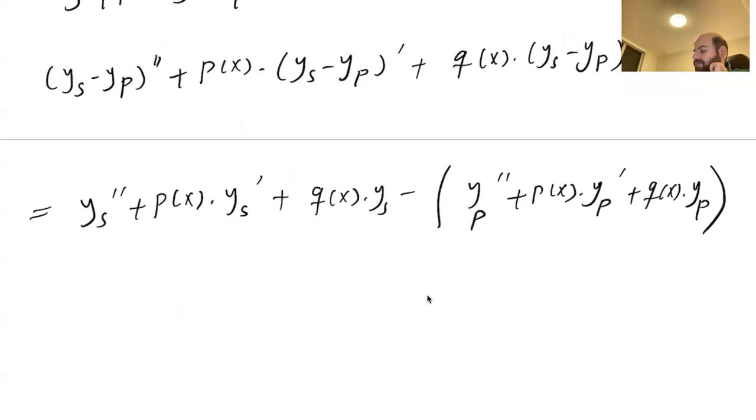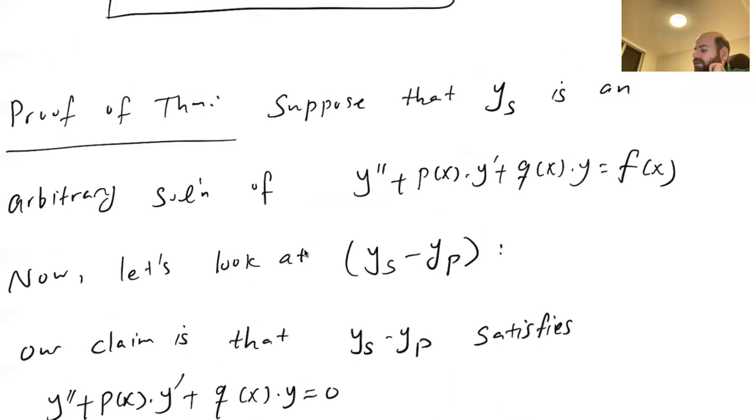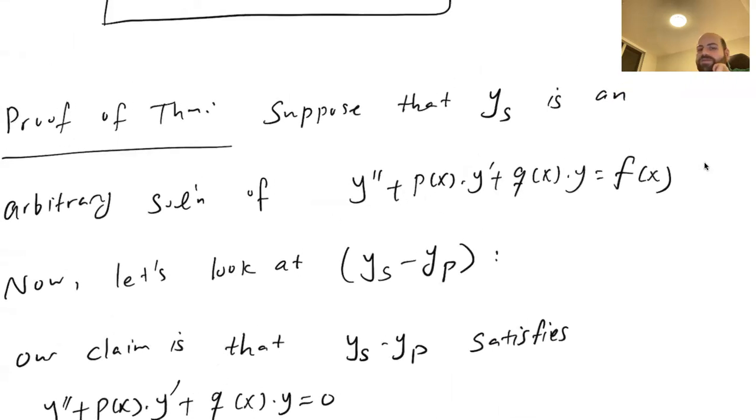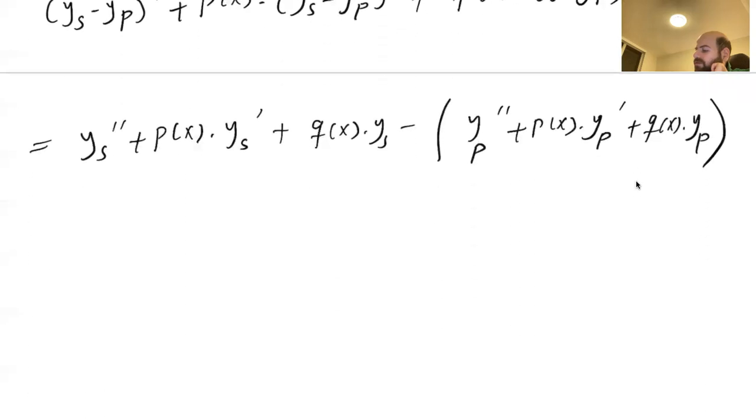If you look at the first three terms together, what did I know about ys? I knew that ys is a solution for this equation. So ys double prime plus p of x ys prime plus q of x ys will be f of x. So the first three terms can be replaced by f of x.